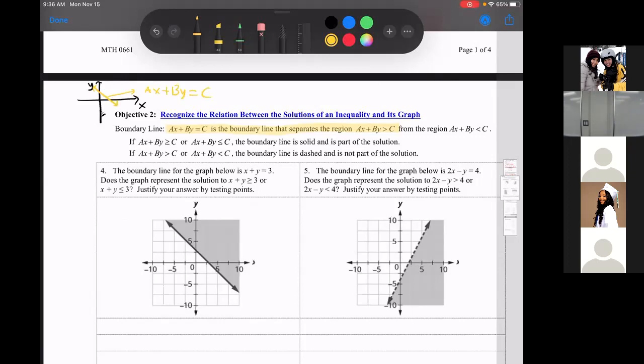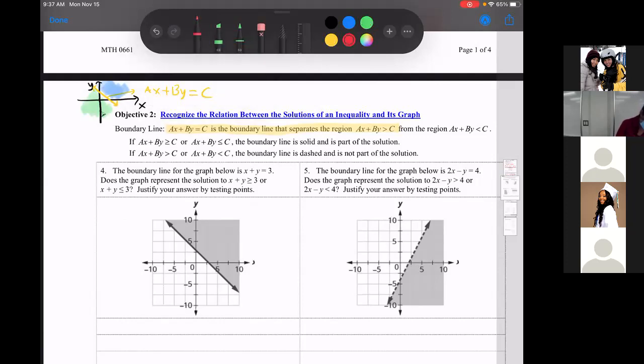What they say is that this yellow line is the boundary that separates this region from this region, the blue region from the green region. That's all they're saying. So maybe the blue region will be greater than c, and the green region will be less than c.